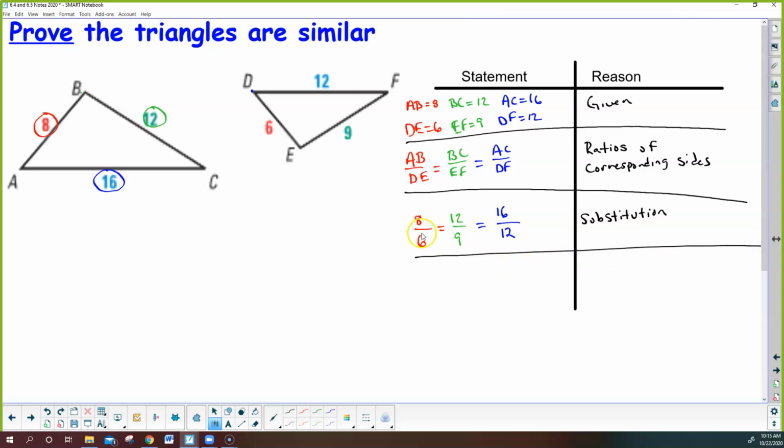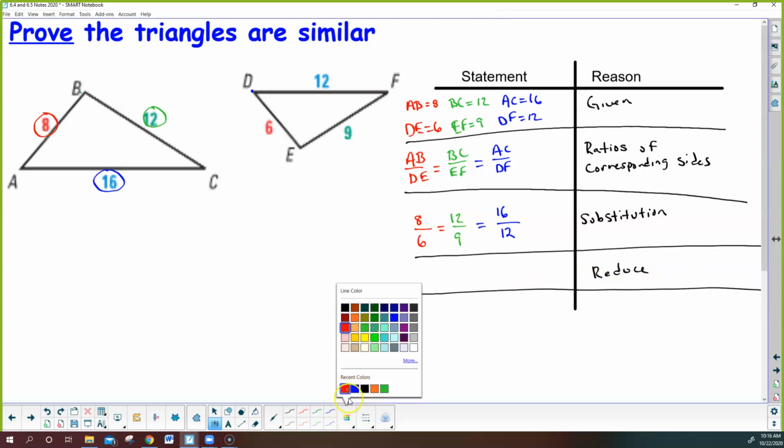All right, well, now, what are we getting at? If these are truly similar, all three of these ratios have to have the same scale factor. So I'm just going to reduce the fraction to find that scale factor. What is 8 divided by 6 reduced down to? That's where you just divide by 2. What is 12 divided by 9? Well, divide by 3 and divide by 3.